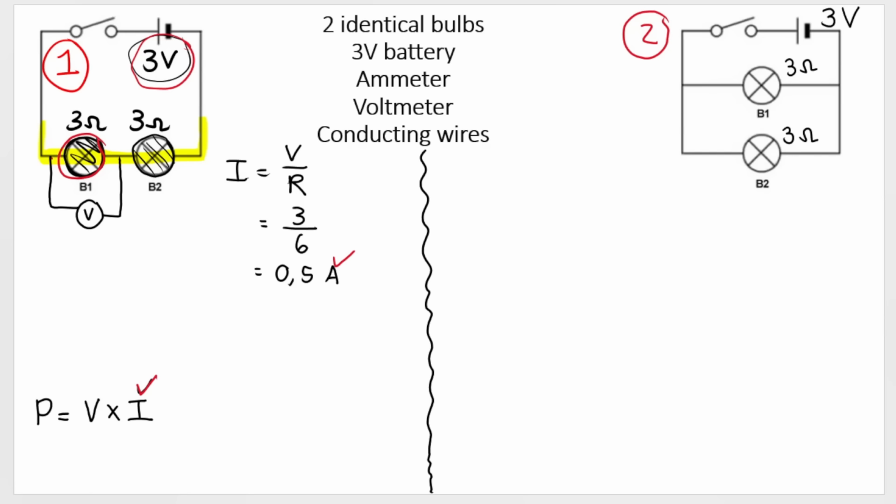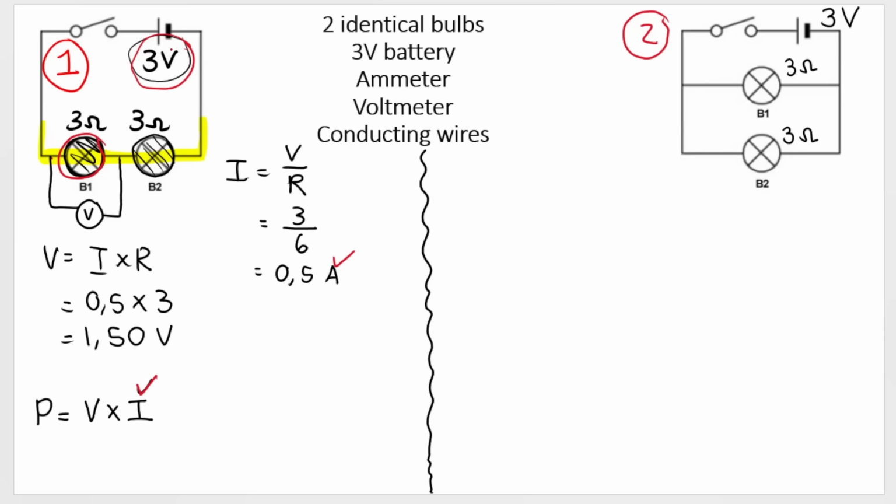So how do I get the voltage across this bulb? V equals I times R. The current through this bulb is 0.5 amperes, and the resistance of this bulb is 3. So 0.5 times 3 gets me 1.50 volts.